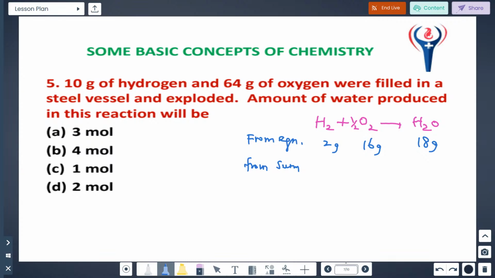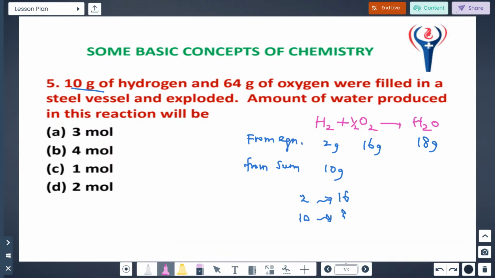Here, how to find out? See, 2 gram plus 16 gram. Now come to the sum. 10 gram. Suppose 2 gram can combine with 16 gram, then 10 gram can combine with how much? Just cross multiplication.